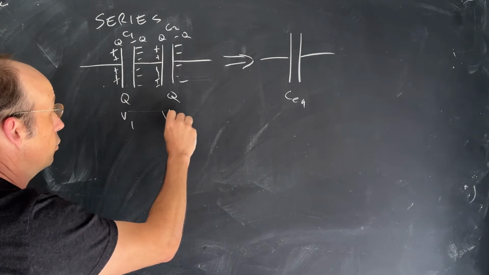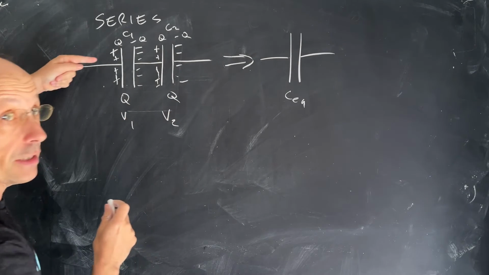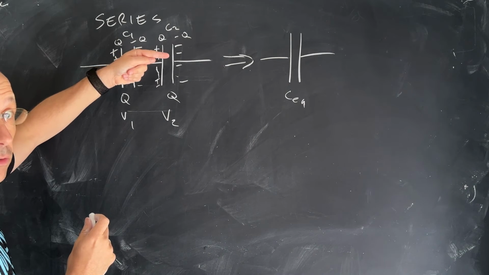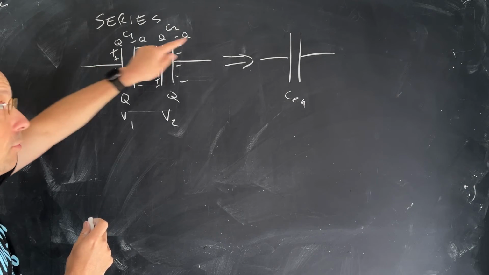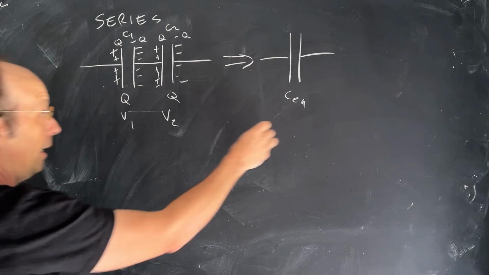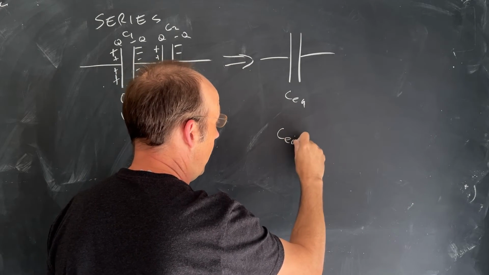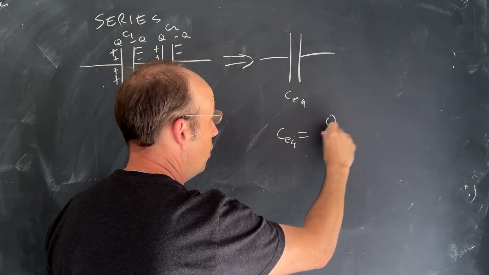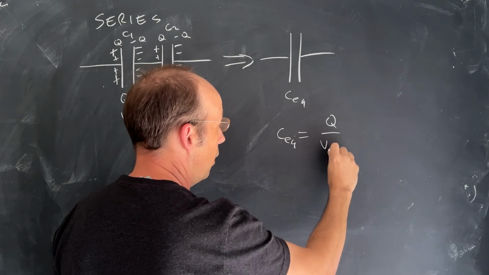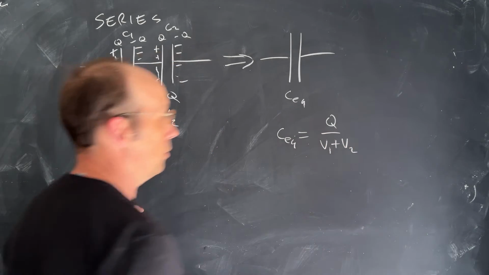This has a change in potential V2. So if I go across here, my total change in potential is going to be V1 plus V2. So over here, if I write that equation, my equivalent capacitance has a charge Q, and it has a potential V1 plus V2.